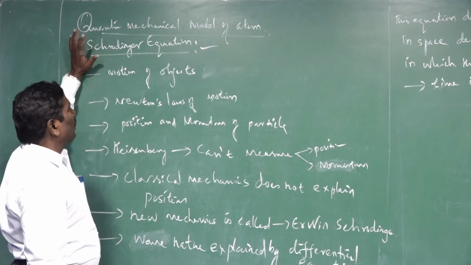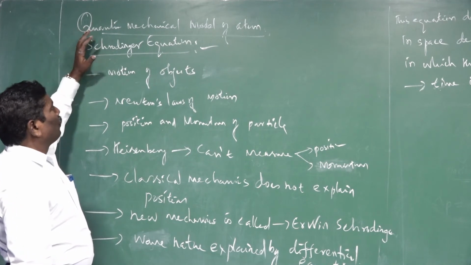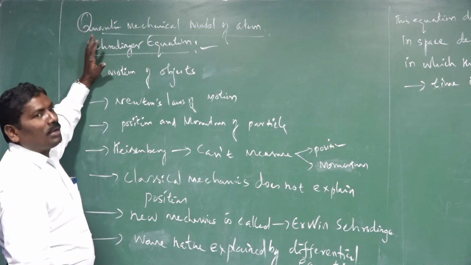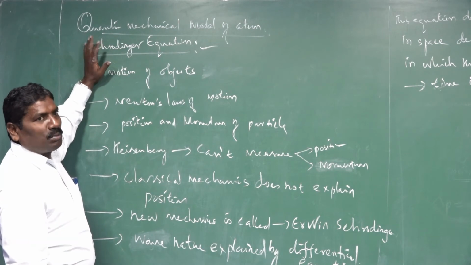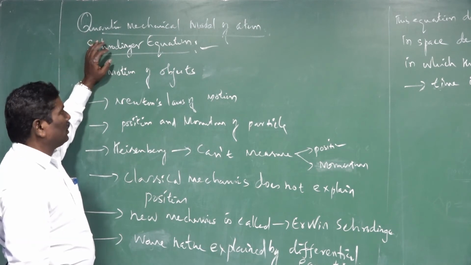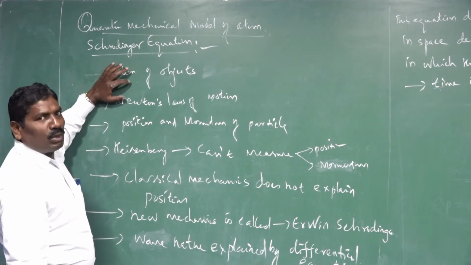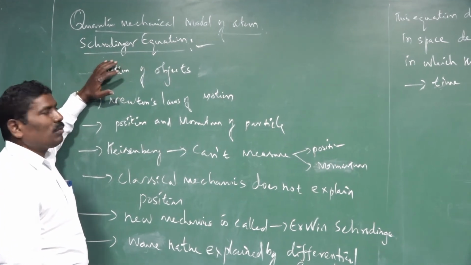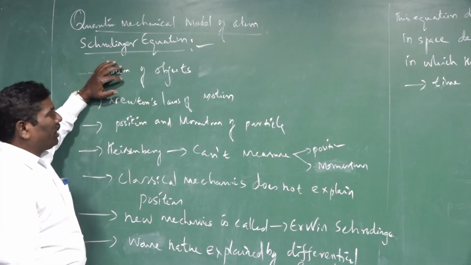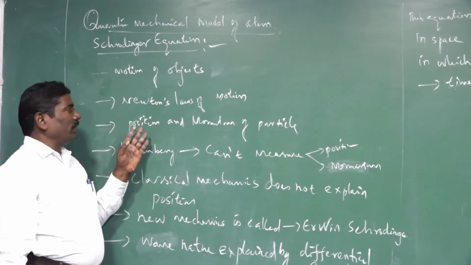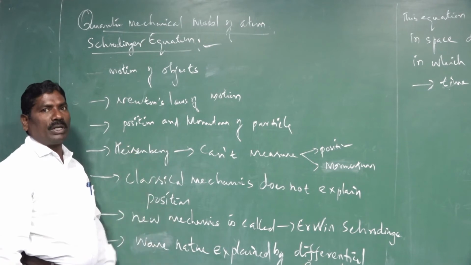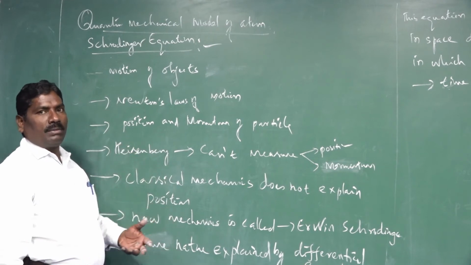Next we are going to see the quantum mechanical model of Schrodinger wave equations. What is this? You should understand. The motion of any object and its moments we can calculate. The motion of objects is very clearly explained by Newton's laws of motion, and by using them we can calculate the position and momentum of particles by physical methods.